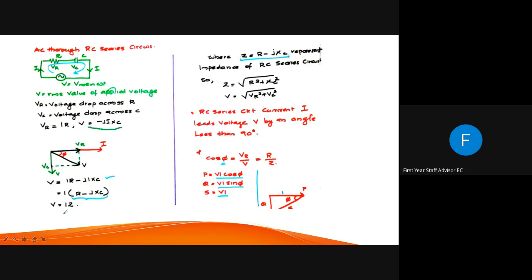Finally I write V is equal to I Z, where Z is R minus JXC. So there will be no numerical. In the case of RL circuit, the formula for impedance is Z equal to R plus JXL. But in the case of capacitor, note that it is not a plus sign, it is a minus sign. So Z is equal to R minus JXC.